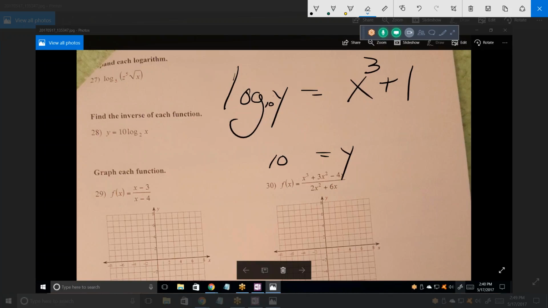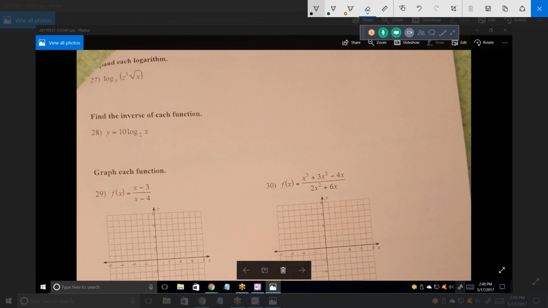And converting from logarithmic to exponential format, if you don't know how to do this automatically, we need to practice it. 8 equals x cubed. Put that in logarithmic format. So then, would that be log base 8?